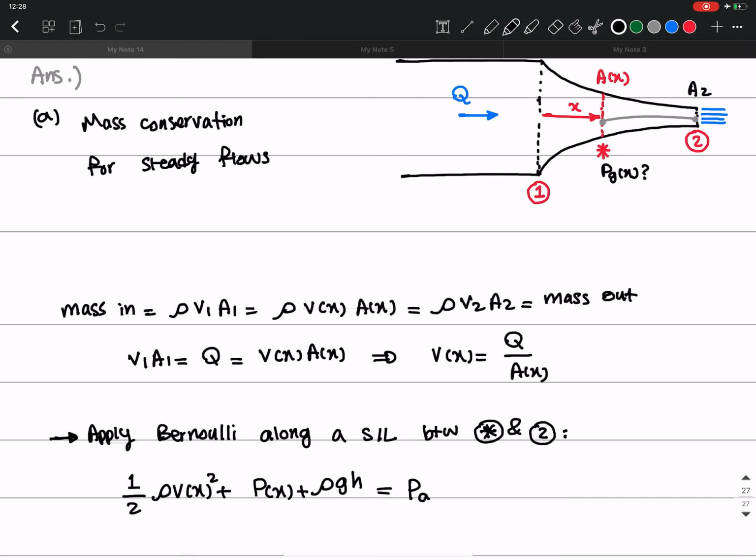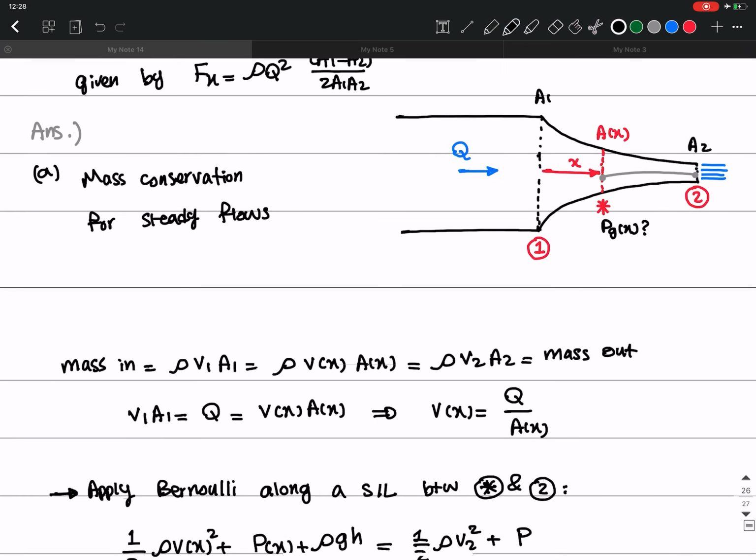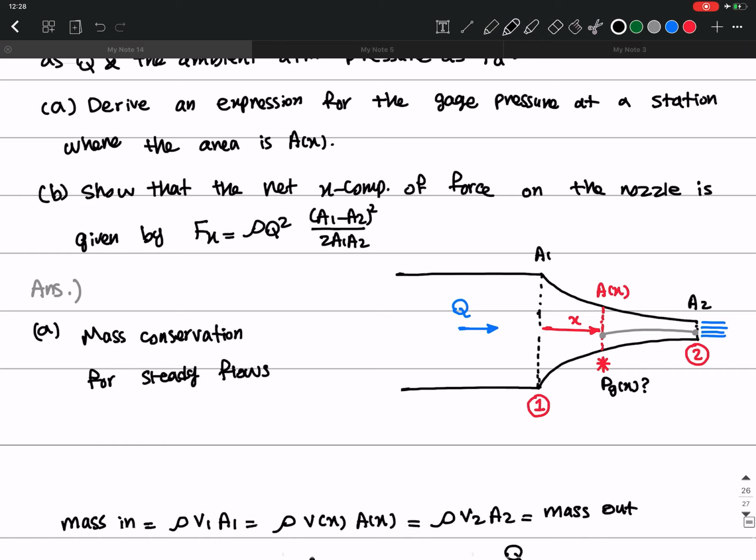the velocity at the last point, which is going to be 1/2 rho V2 squared plus P at point 2. But P at point 2 is actually the atmospheric pressure, right? Because this is in the vicinity of the atmosphere.